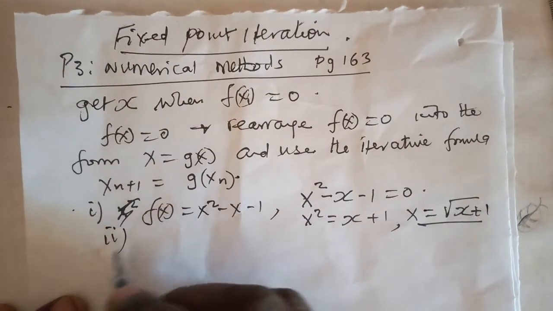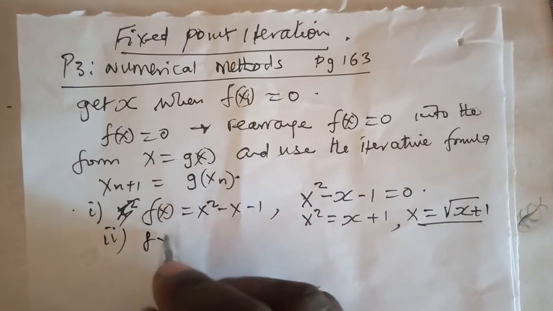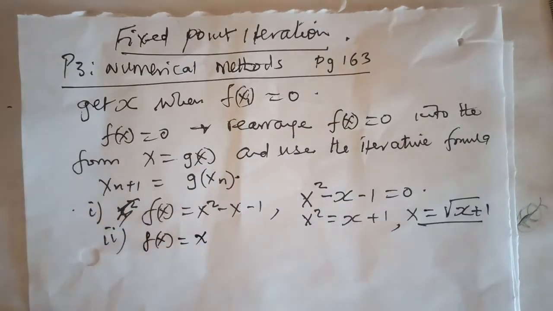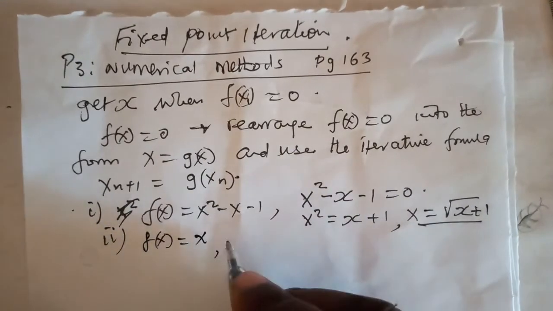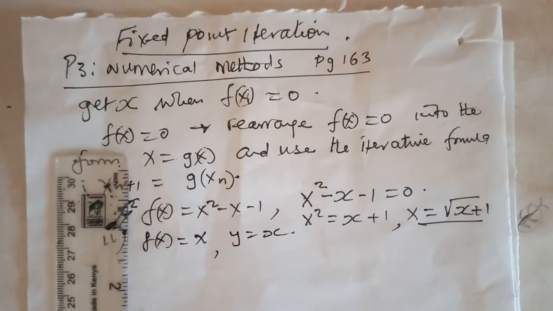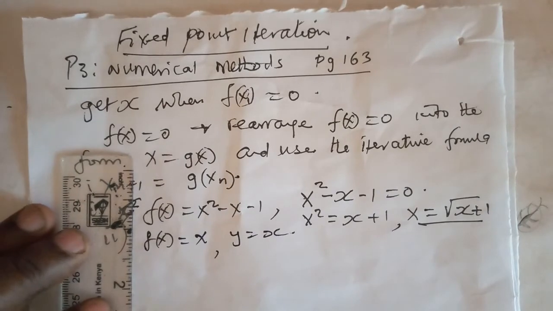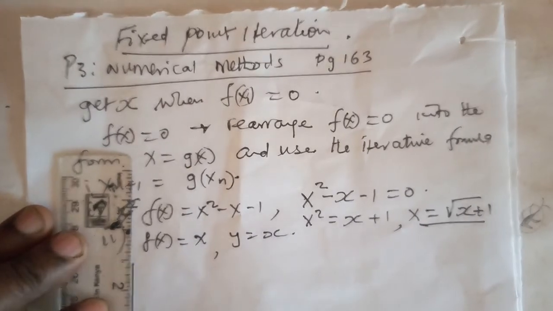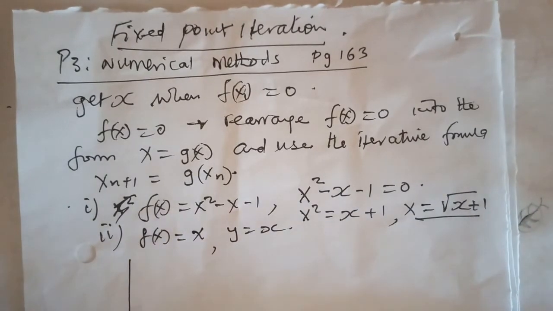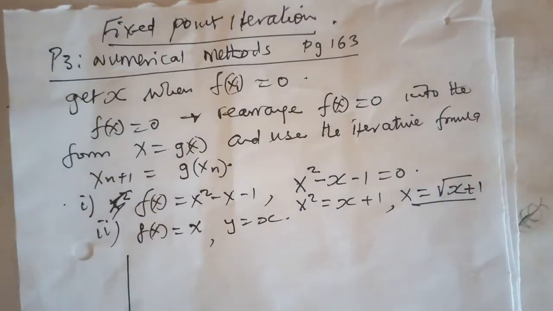You may have another equation which is f(x) is equal to x, and I mean this is just the equation y is equal to x. So the moment you combine the two in this kind of a diagram, this is what we call a staircase diagram. Let me just display it there.